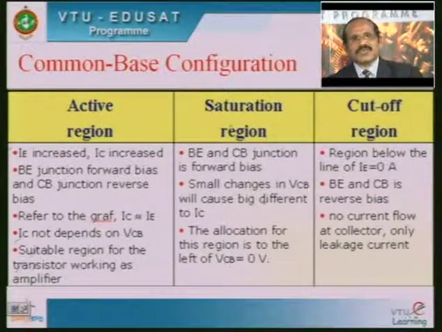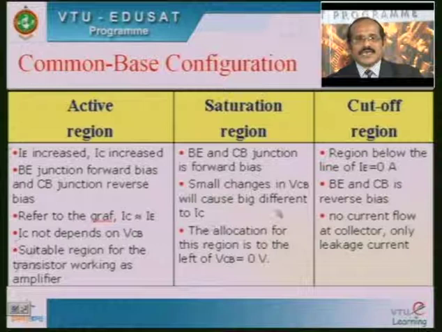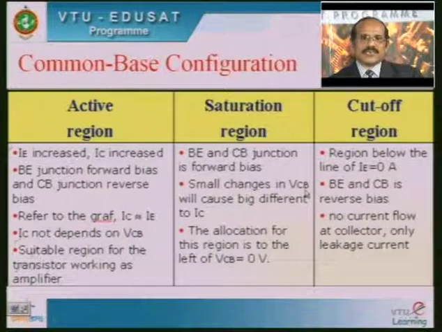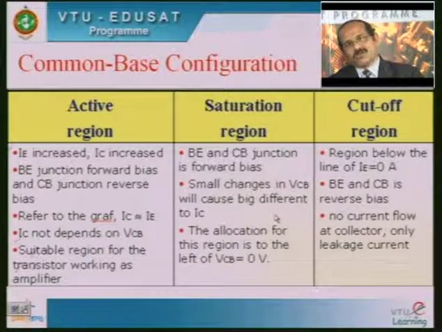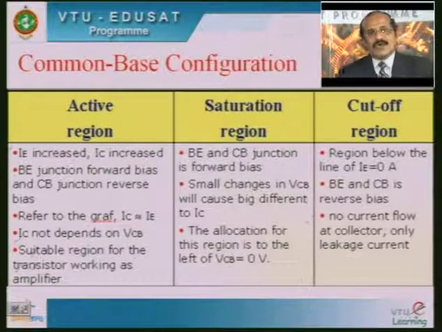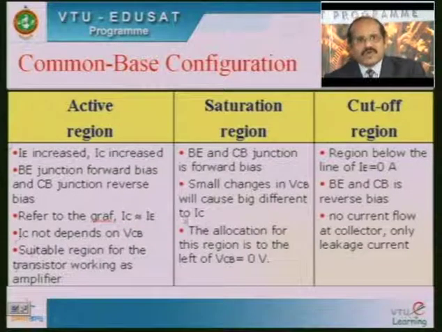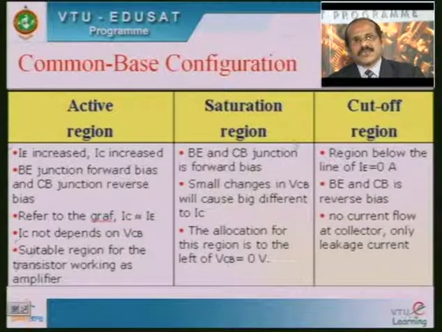Whereas in the saturation region, both input and output junctions are forward biased. Also, whenever there is a small change in VCB, it will cause a big change in the output current, that is, the collector current. This region lies to the left of VCB equal to 0, and it is called the saturation region.